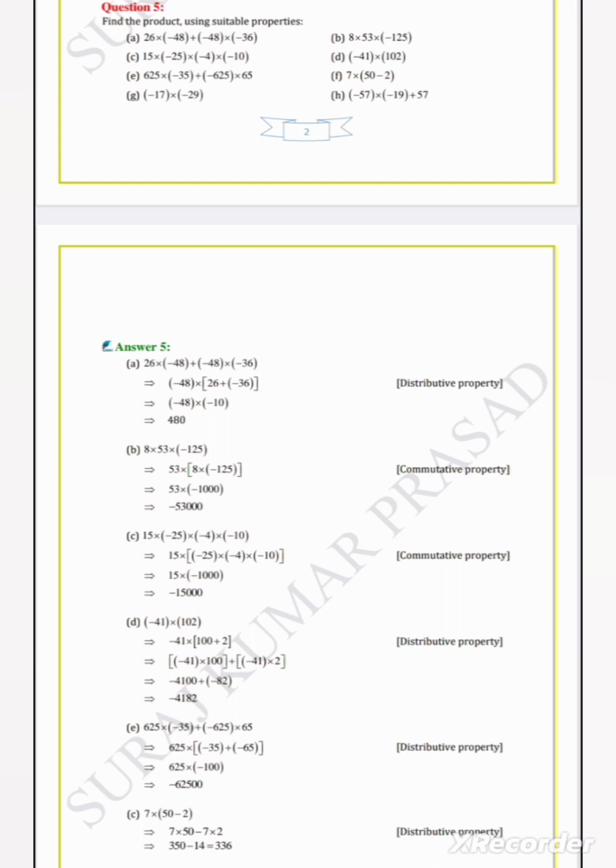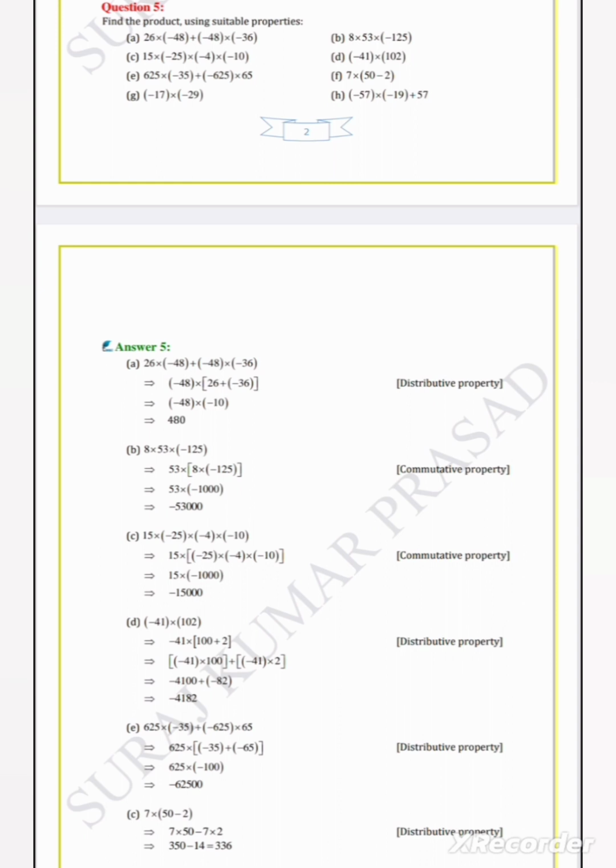Minus 41 into 100 plus minus 41 into 2. Minus 41 into 100 is minus 4,100, plus minus 41 into 2 is minus 82. So minus 4,100 plus minus 82 is equal to minus 4,182.